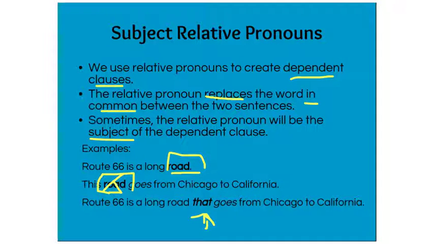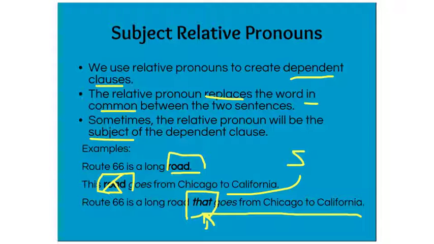Route 66 is a long road that goes from Chicago to California. In this sentence, that is actually the subject of this dependent adjective clause. Now we know it's an adjective clause because that goes from Chicago to California is telling us about the noun road.